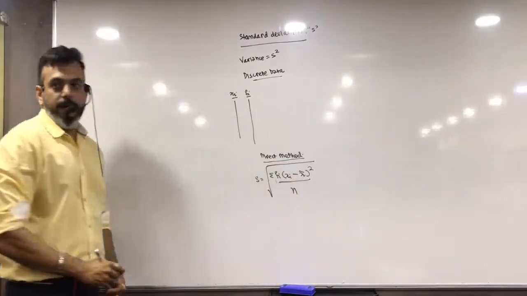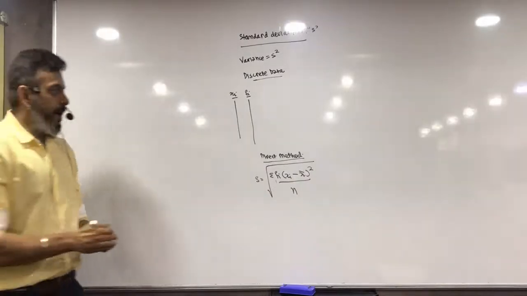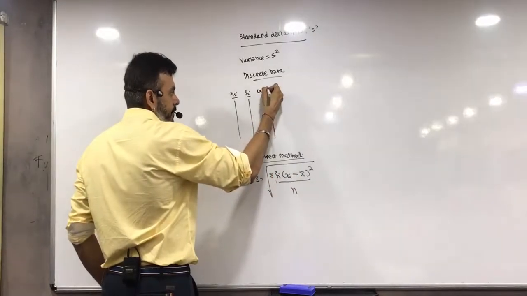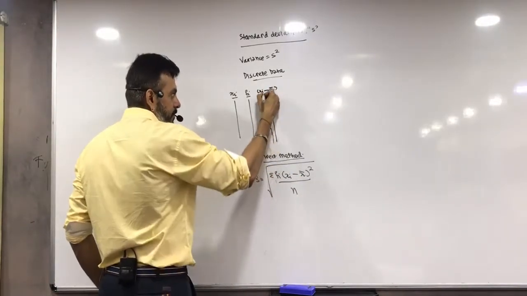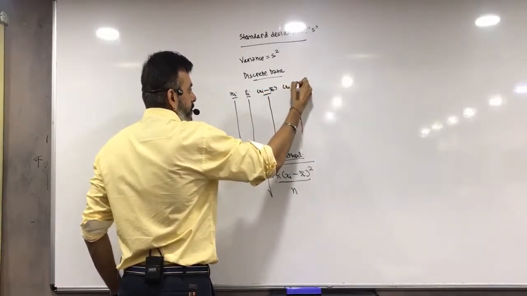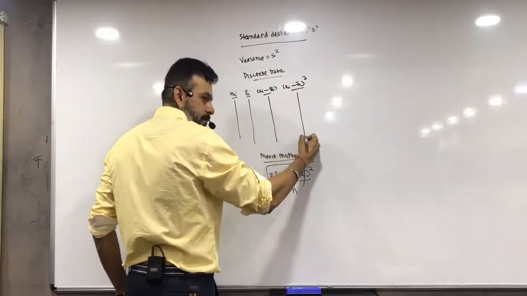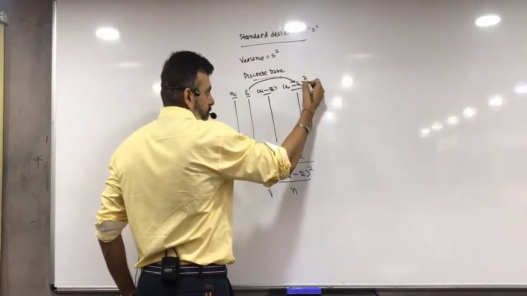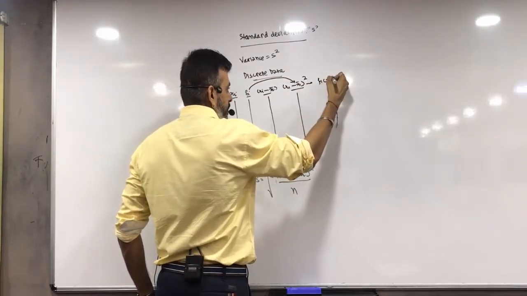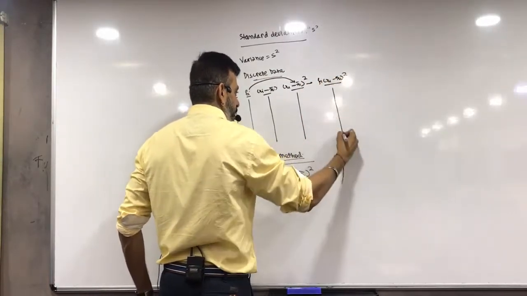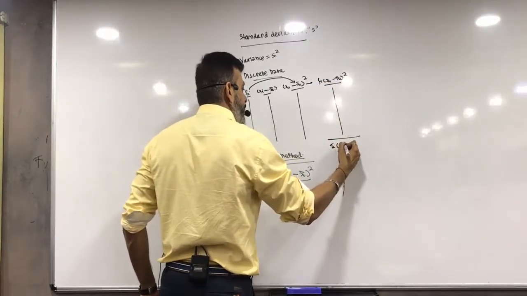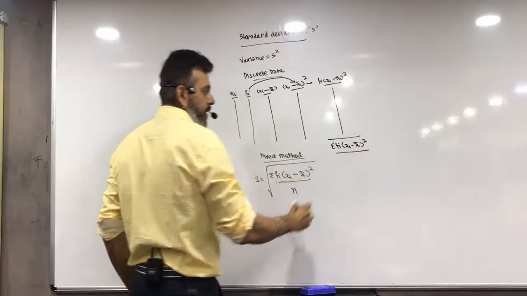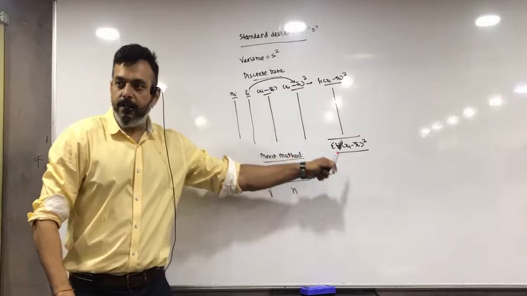It means we have to first find the mean, then xi minus x bar, then xi minus x bar the whole square, and then fi into that, so fi (xi minus x bar) the whole square, and then we get sigma fi (xi minus x bar) the whole square. Now you can see how lengthy it becomes.